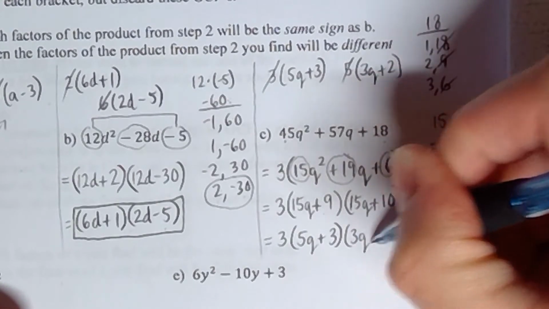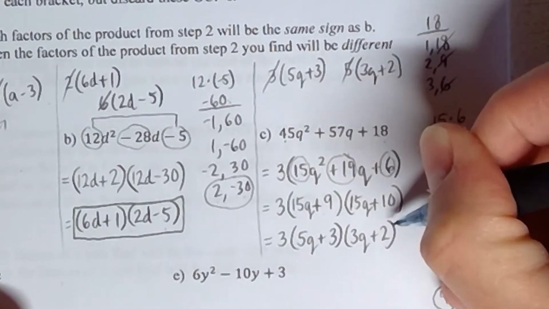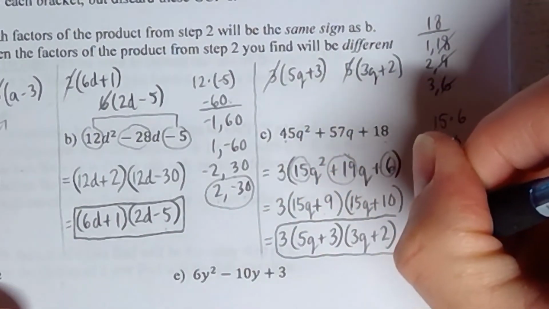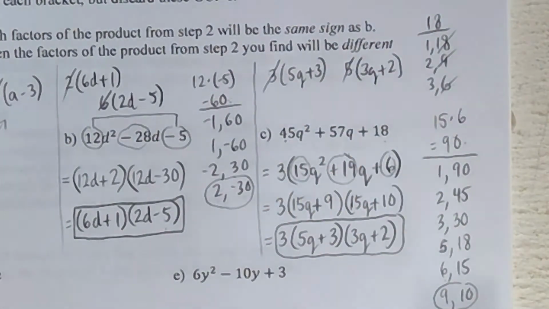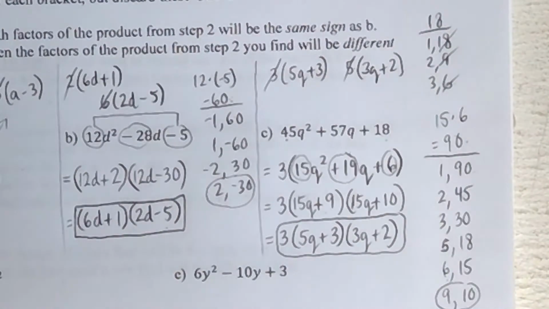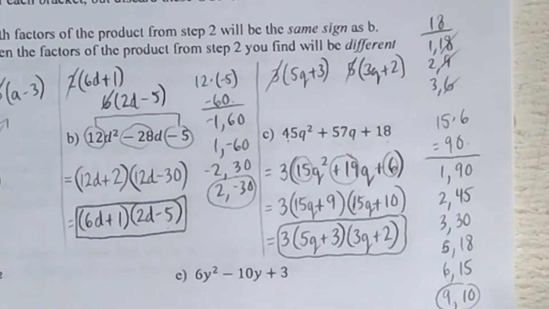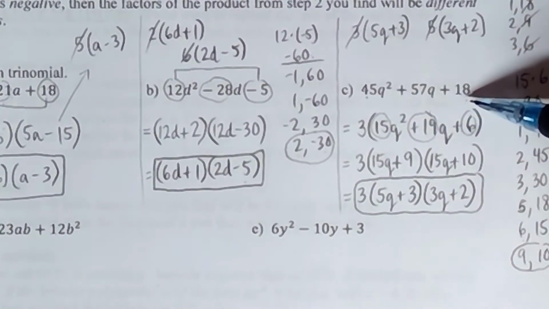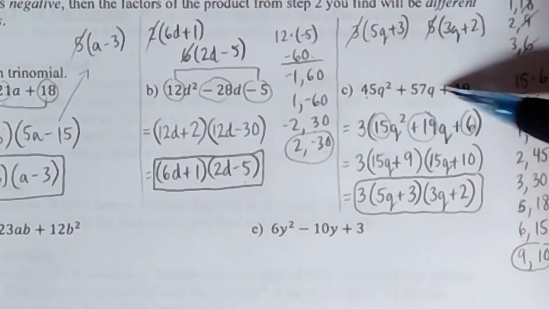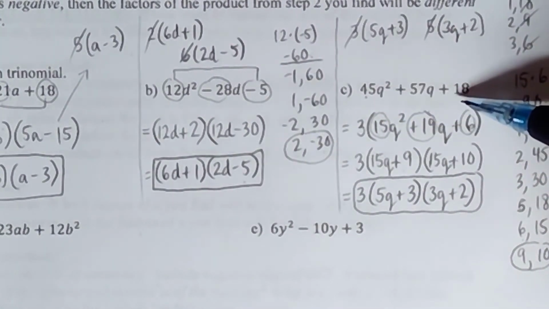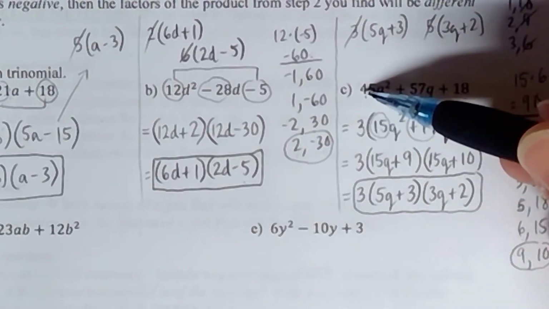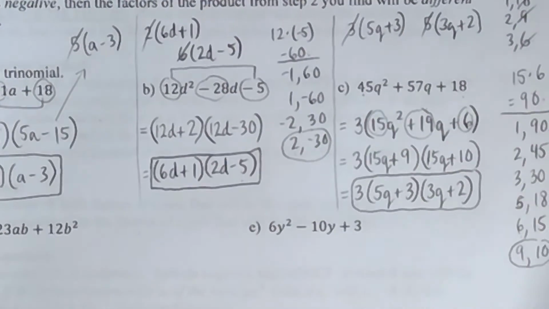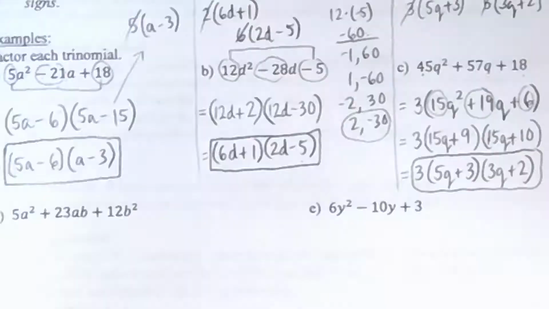This one's the same, like that. So don't forget to look for the GCF. If it's not equal to 1, you got to factor it out. And then since it's the original GCF, you got to keep it and bring it all the way down to the answer here. Okay. Let's keep going here.